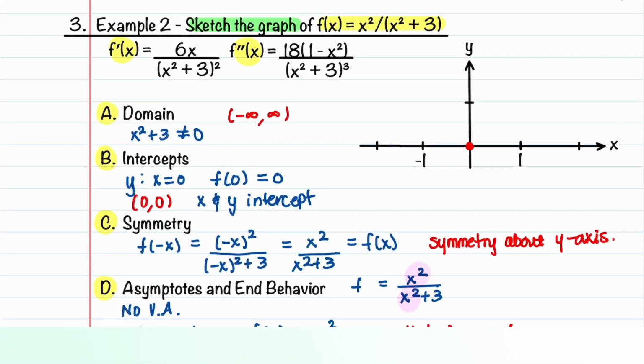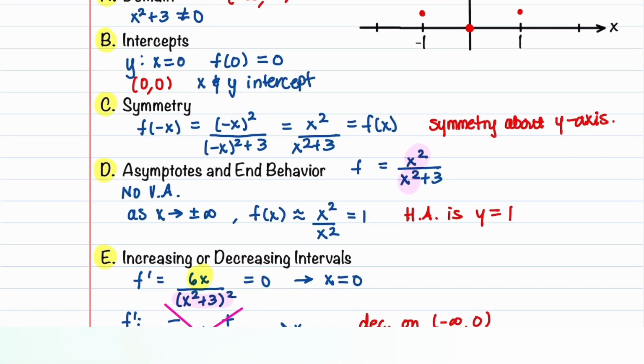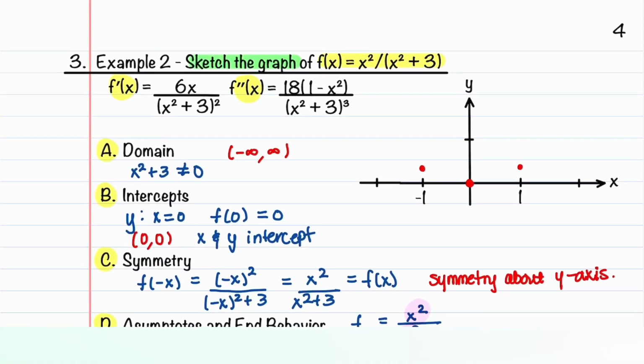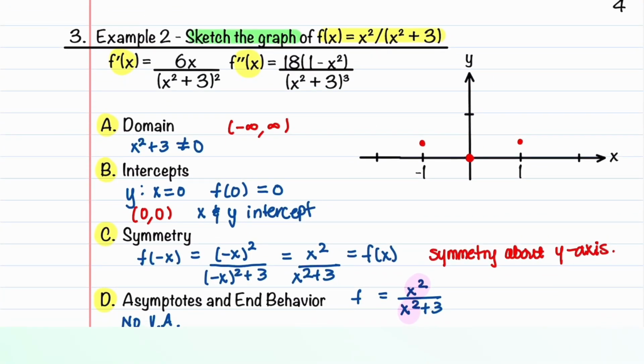So minus 1, 1/4 is right here, and 1, 1/4 is right here. Now let's see what else we can add to our graph. We have a horizontal asymptote at y is equal to 1. So let's go ahead and put that in. And let's keep in mind that our graph is symmetric about the y-axis.